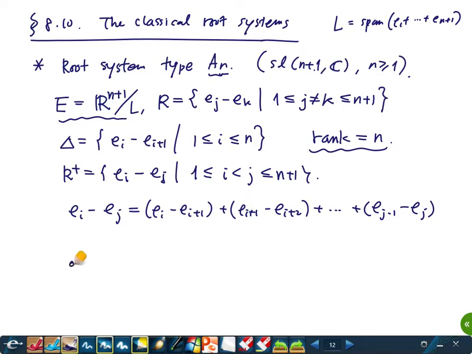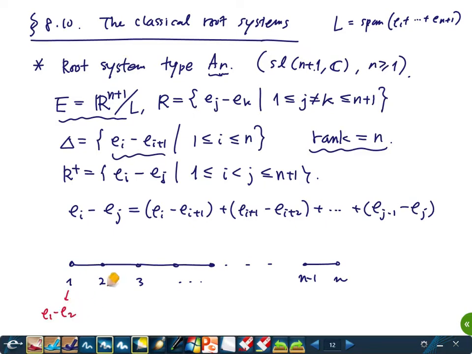And the Dynkin diagram we can easily draw. It's like that. So it's 1, 2, 3, we have n vertices, each corresponding to a root. So this corresponds to E1 minus E2, this corresponds to E2 minus E3, etc. This corresponds to En minus En plus 1.